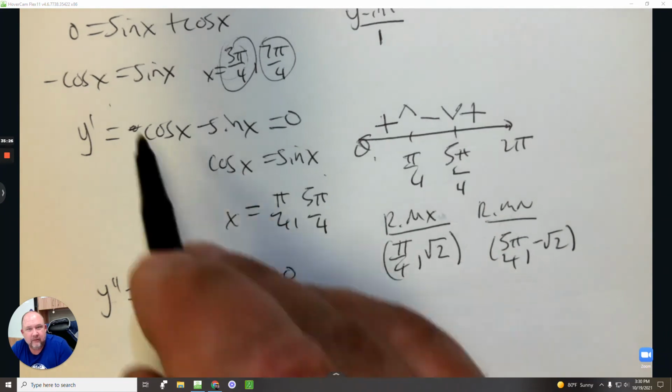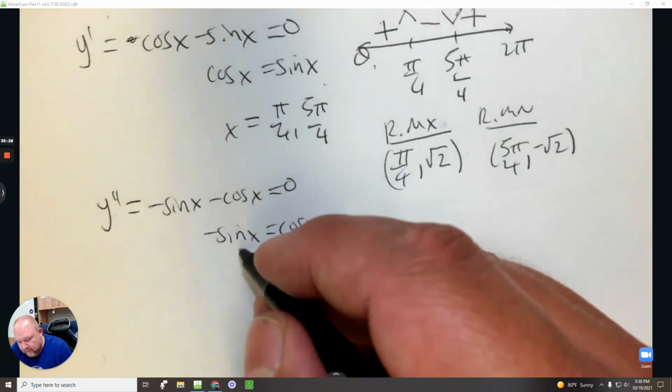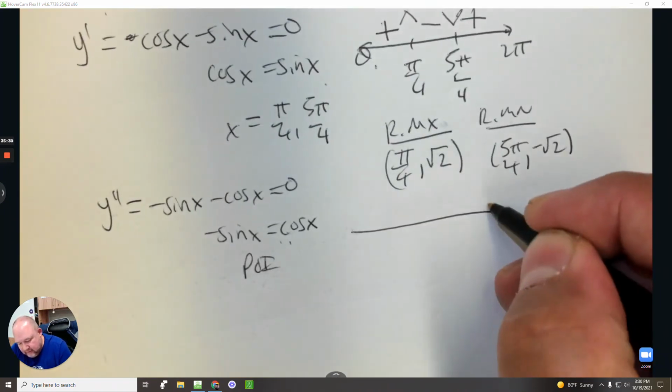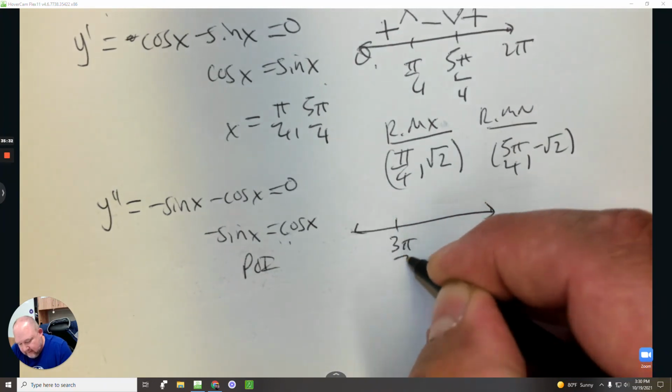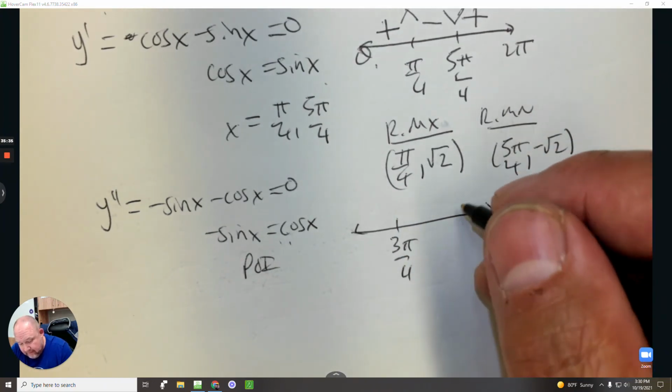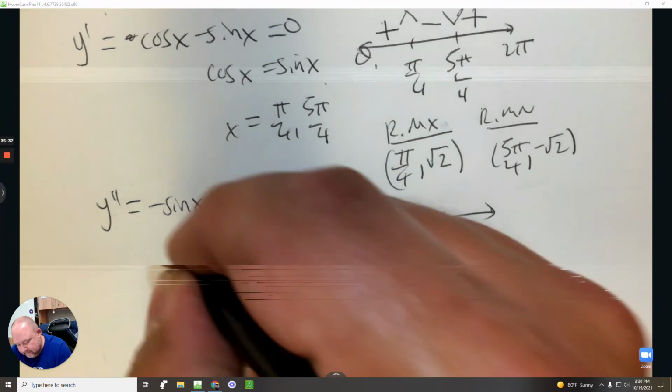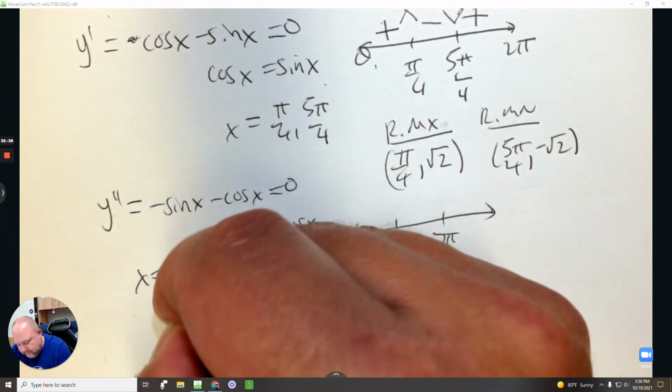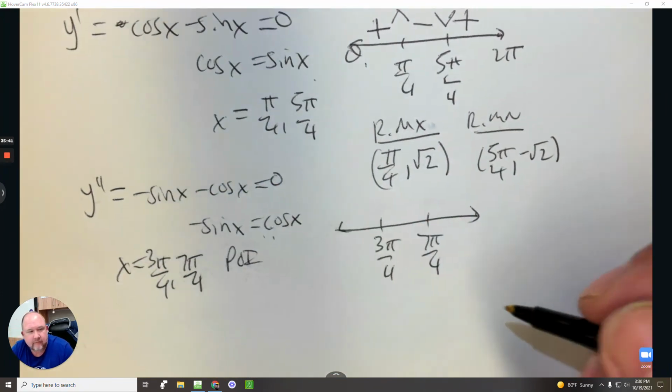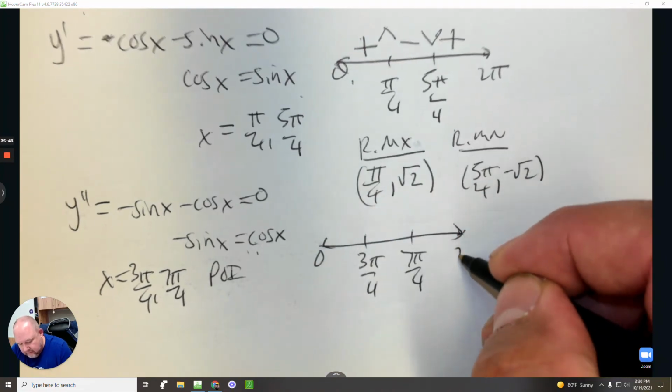Remember, these are the same equations. So we have points of inflection here. We can do the number line for 3 pi over 4 and 7 pi over 4. And again, it goes from 0 to 2 pi.